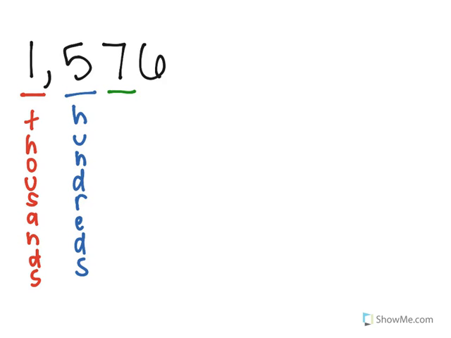Call it out if you know it. You're right, it's in the tens place. And 6 has a place as well. It's in the ones place. Okay, that should be a review. We talked about this at the beginning of the year, and I know you've talked about it in 3rd grade. Place value is so important.